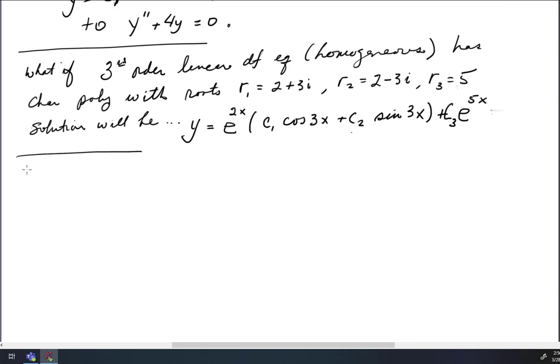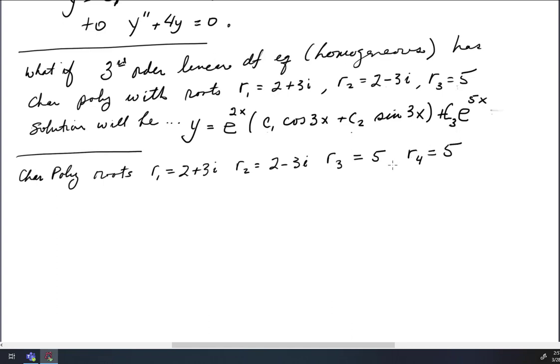What if we had a characteristic polynomial with roots R1 equal 2 plus 3i, R2 equal 2 minus 3i, R3 equal 5, and R4 maybe is a repeated root, a repeat of R3. So 5 may be a repeated root.